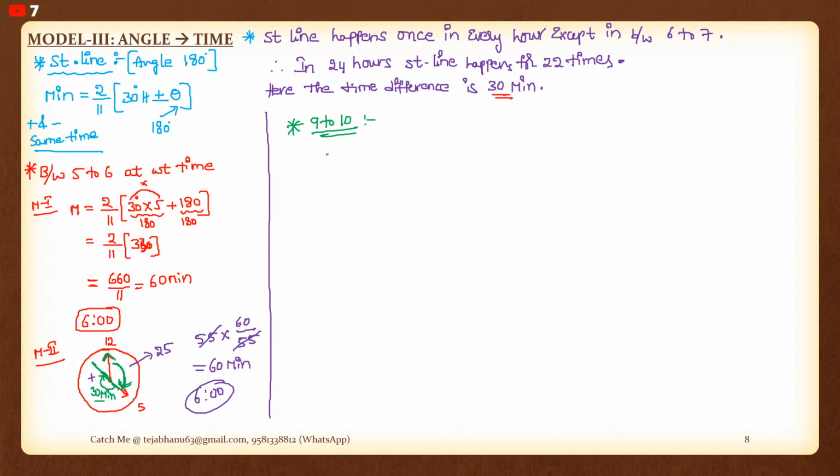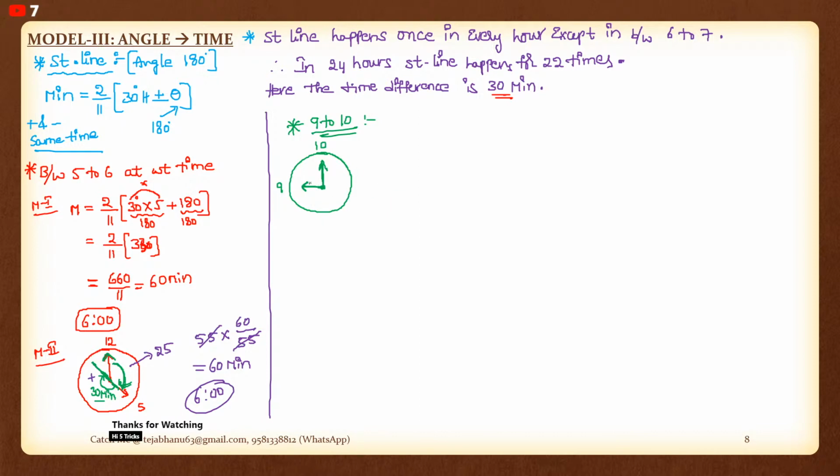Have a look at it. If you see the clock, at 9 o'clock, it will appear like that. Hour hand and minute hand will appear like this at 9 o'clock.